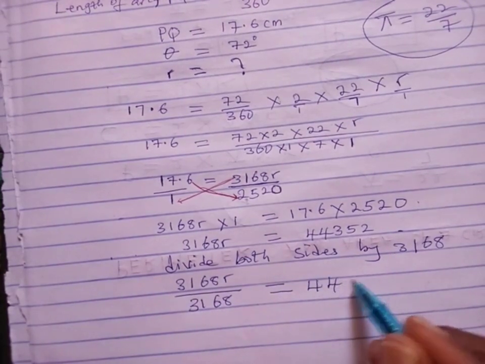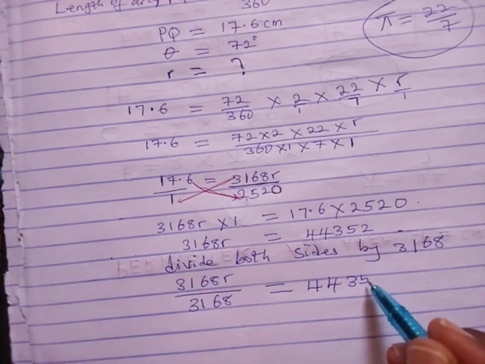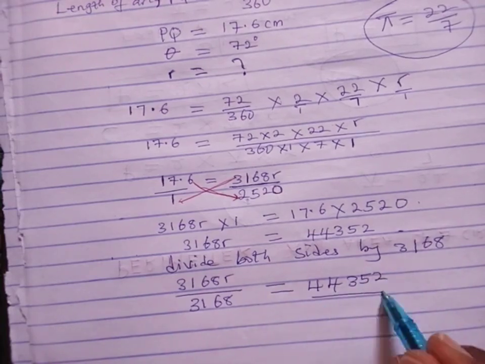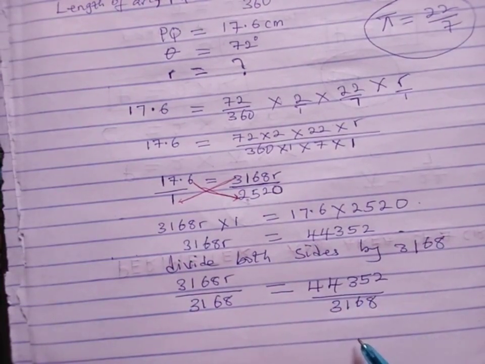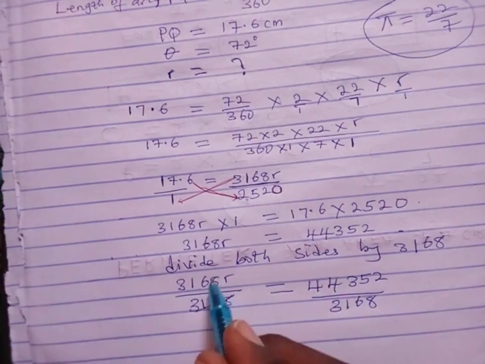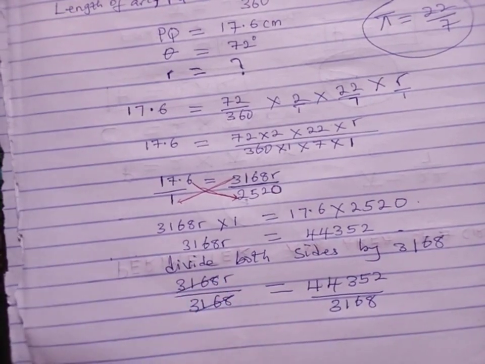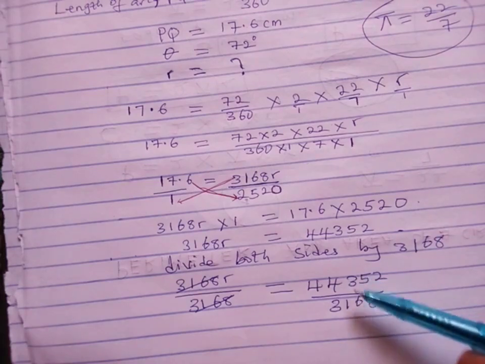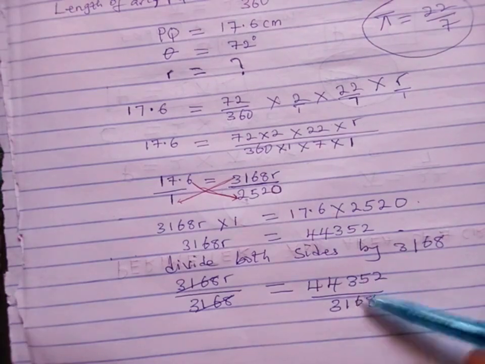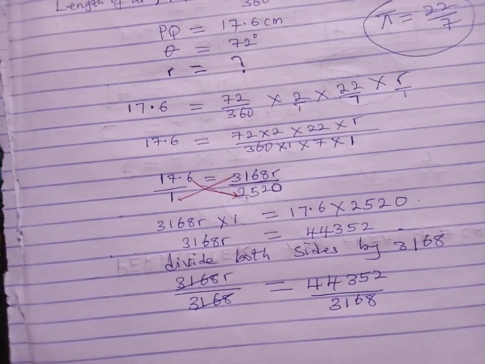So I will also divide this 44352 by 3168. And once I do that, this will cancel out this. You can use your calculator to do it. Once you divide these two, of course, you obtain 14.